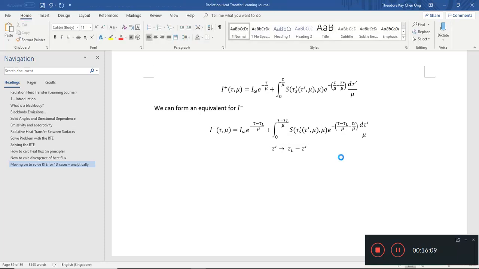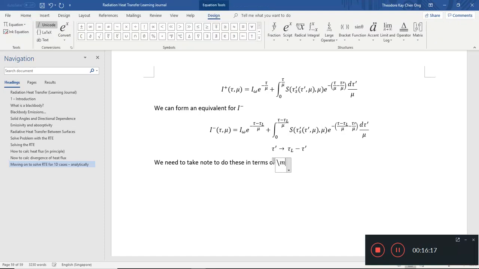However, of course, we need to take note to do these in terms of mu. So tau prime divided by mu, what does it become? In the case of this I minus, we need to change it up a bit. So we will have tau prime minus tau L divided by mu.